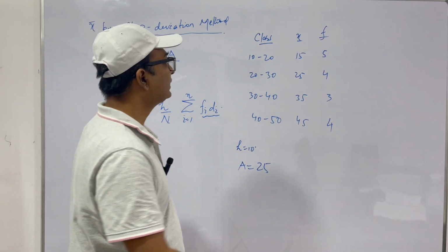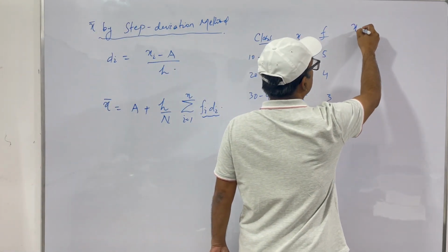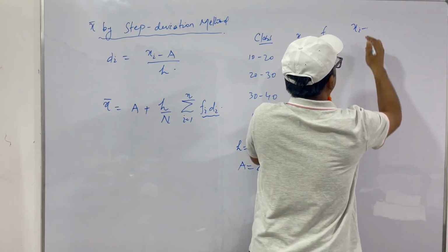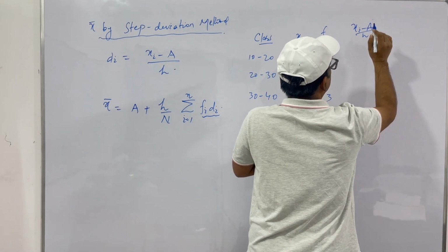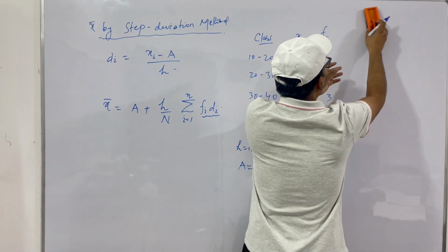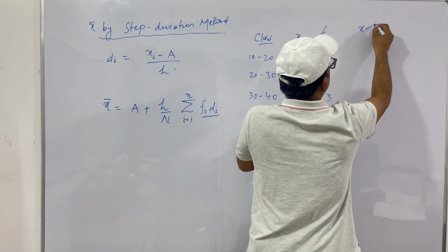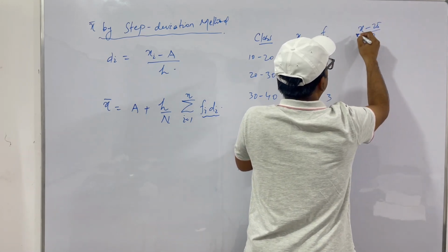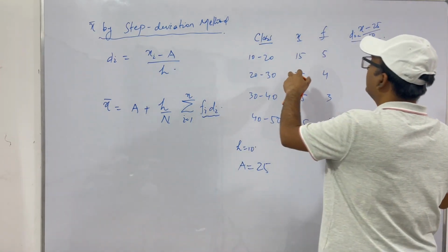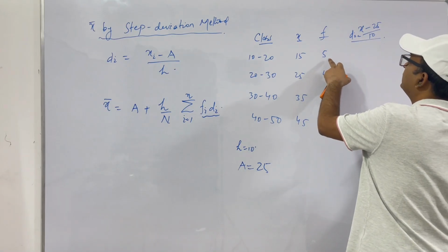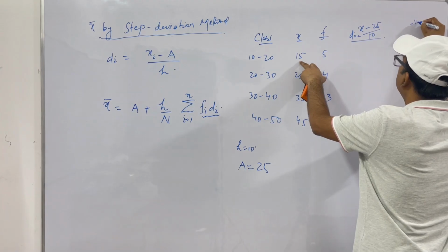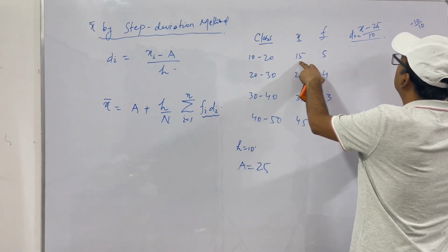Then what is di? It is xi minus a, by h, and h is 10. So we write x minus 25 by 10. This is our di. So what will it be? x is 15, so 15 minus 25 is minus 10, by 10.